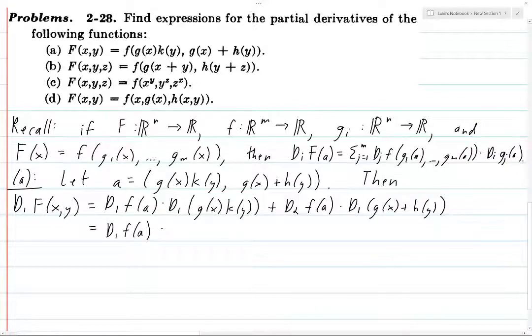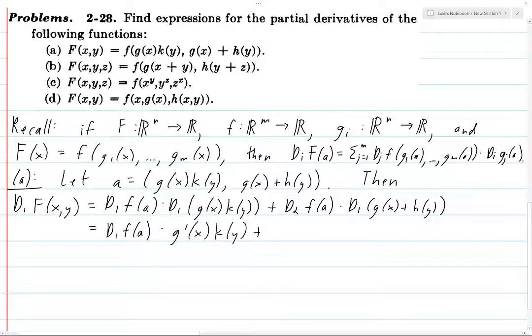But we can take D1 of g(x)k(y), because the 1 refers to just the first variable, which in this case is x. So g(x), we take the derivative, that's just going to be g prime of x. And then k(y) is just a constant, so that stays the same.